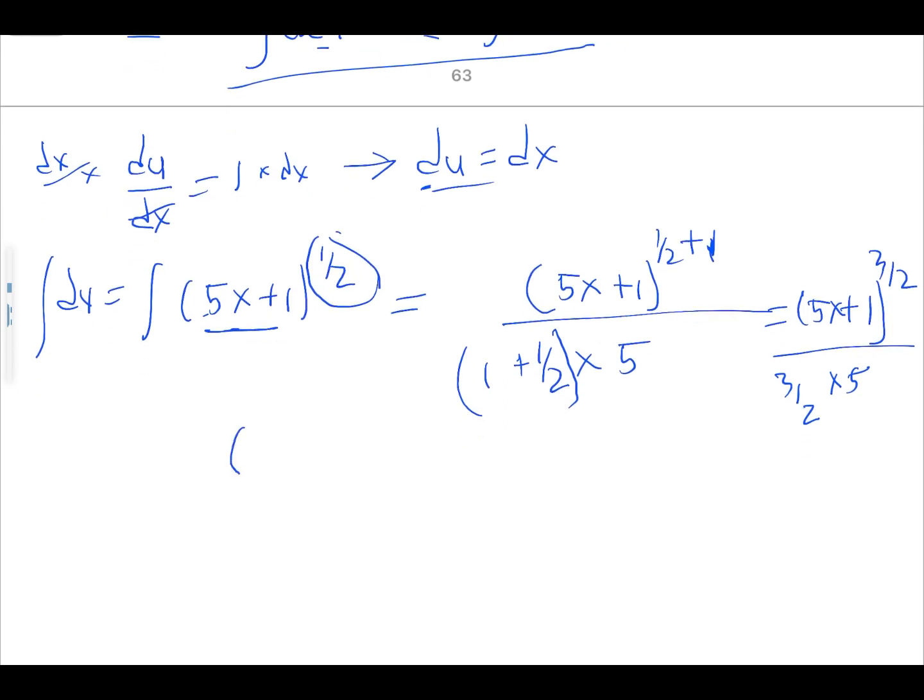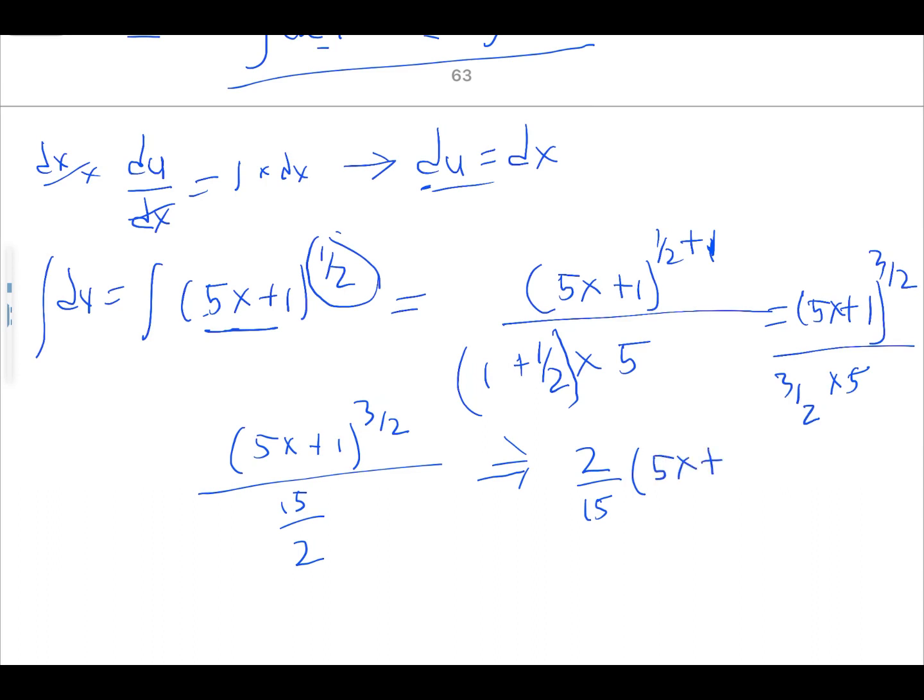In this case, you are going to get the numerator to be 5x plus 1 power 3 on 2 over 15 over 2. Doing your reciprocal and putting things in place, you are going to get 2 on 15 multiplied by 5x plus 1 exponent 3 on 2. So now you have your value of what? v.